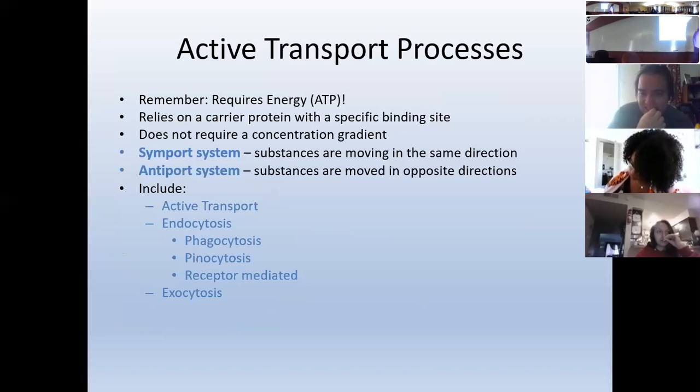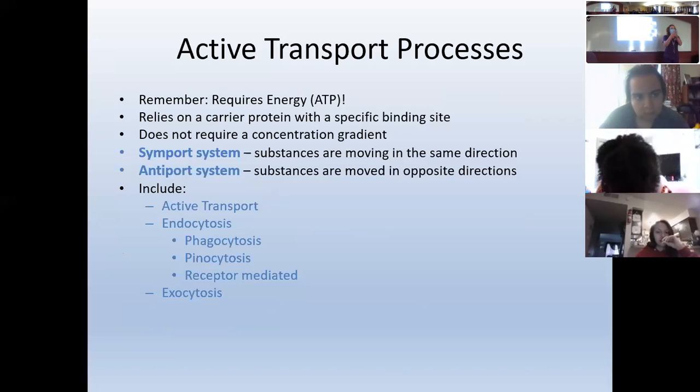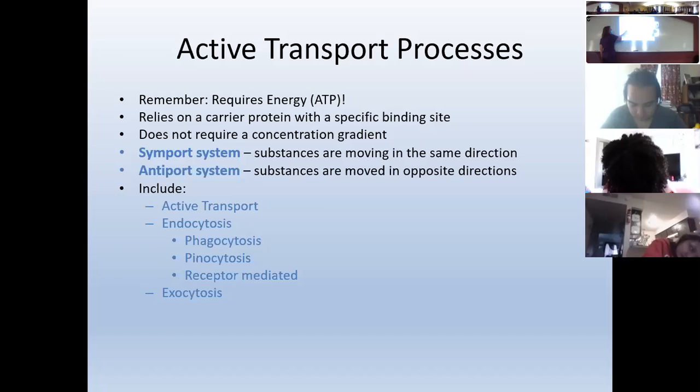All right, so active, remember it does require energy. If we have substances moving in the same direction, this is symport. Sym meaning together. Think of symbiotic, working together. If we have substances moving in opposite directions, it's antiport, anti meaning against or opposite. These active transport processes, we have endocytosis.